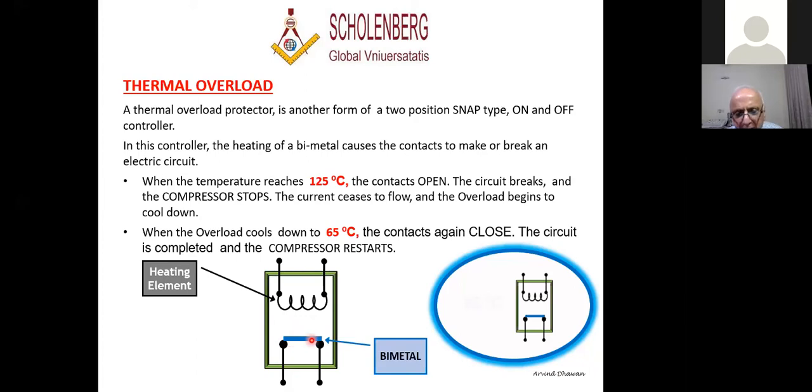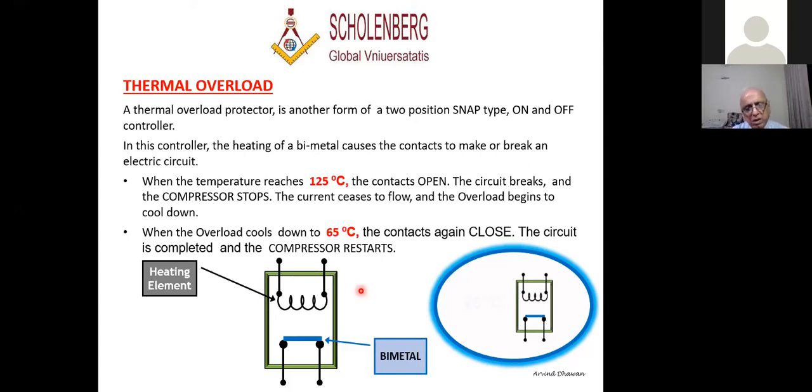So when this bimetal gets heated up, this contact opens. When this contact opens, your equipment stops. And it will restart only when it gets cooled down. This is a typical example of what you have in small equipment like window ACs and refrigerators.